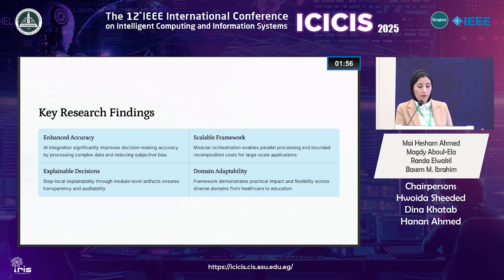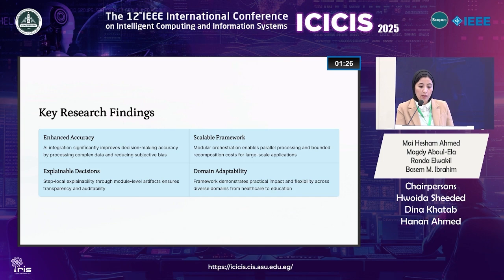Okay, key research findings. We enhance the accuracy by getting the best inputs to have the best output, and by reducing the subjective biases. Explainable decisions: we also integrate SHAP values and local explainability techniques to make the decision trustworthy to the decision maker.